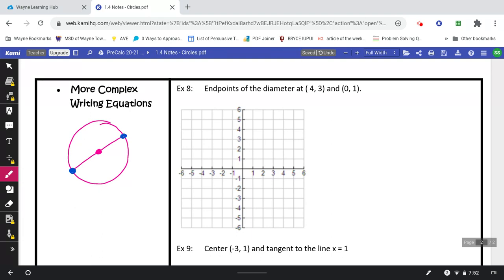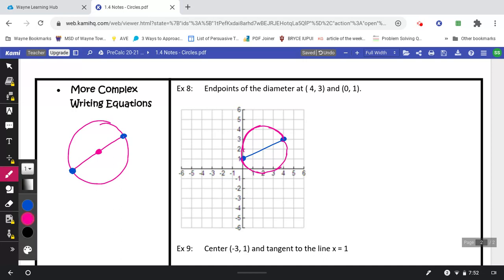So I'm going to plot those two blue points: 4, 3, and 0, 1. And you can draw the diameter through it. Then we're just going to very carefully make a little circle around it. This is going to be an approximation. Something like that.